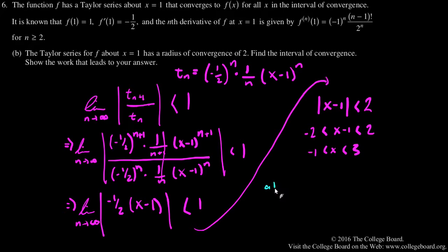So at x equals negative 1, we end up having these terms being negative 1/2 to the n times 1 over n times negative 2 to the n.